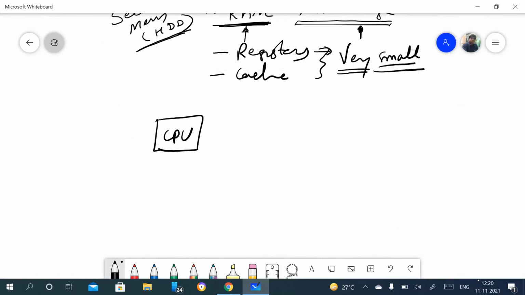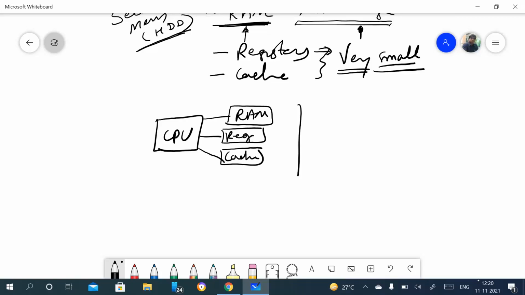So which memories are directly connected to the CPU? Registers, cache, and RAM. These three are directly connected to the processor, but the hard disk, or secondary memory like ROM, is connected to the RAM. So it is not directly connected to the CPU.